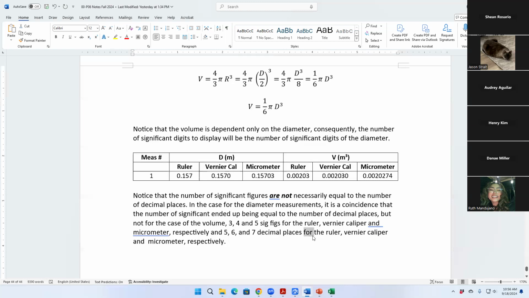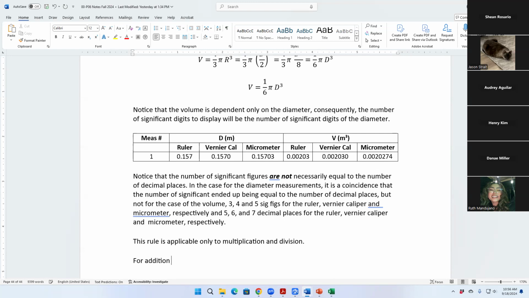Okay, so this rule, by the way, is applicable only to multiplication and division. For addition and subtraction, the rule is different. And we're going to get there.